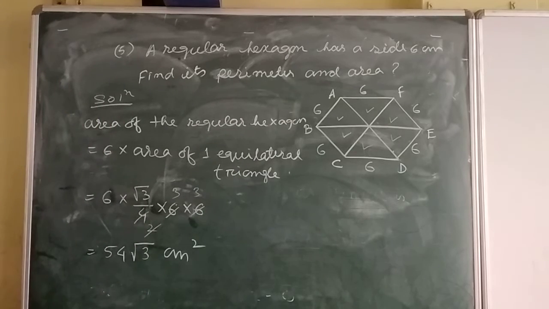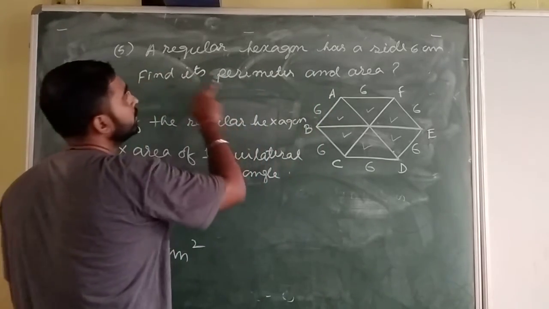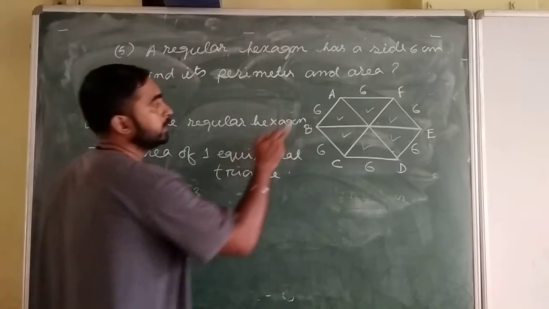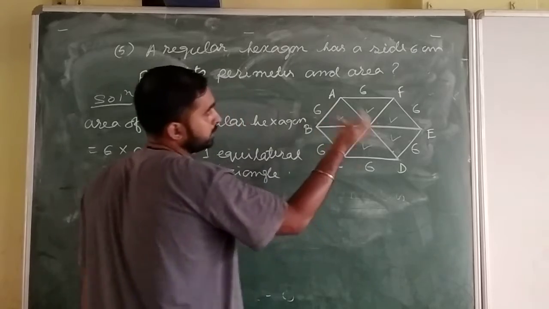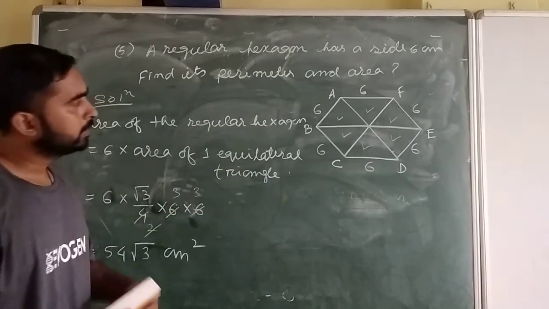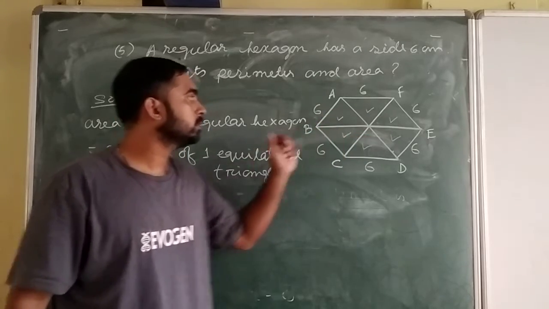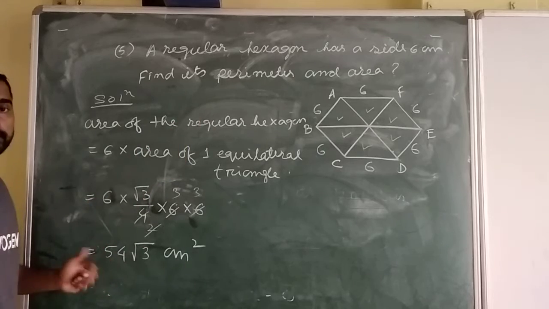Got it? If in the exam it is mentioned that you have to find the area using Heron's formula, then you have to consider a equal to 6, b equal to 6, c equal to 6. Then find s, then find the area of one triangle. After that, multiply by 6, which is the area of the regular hexagon.